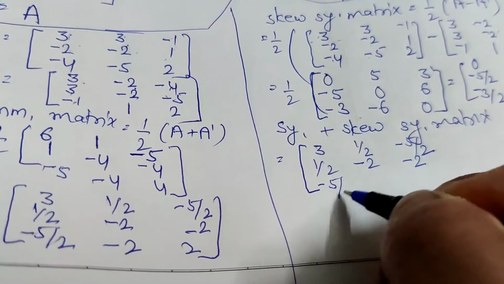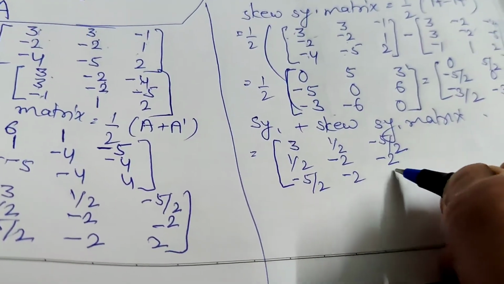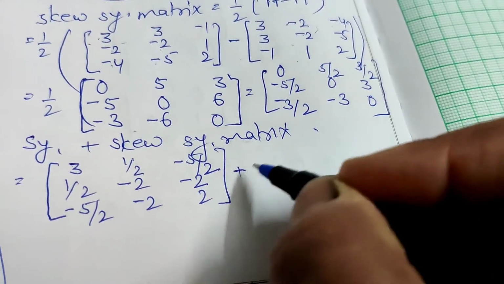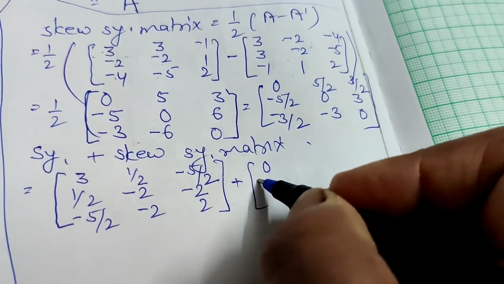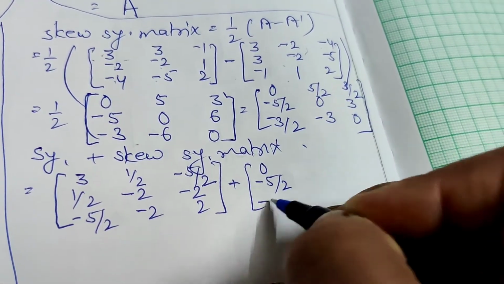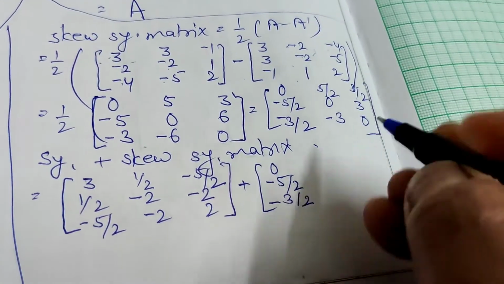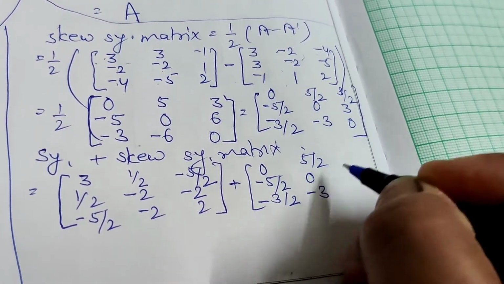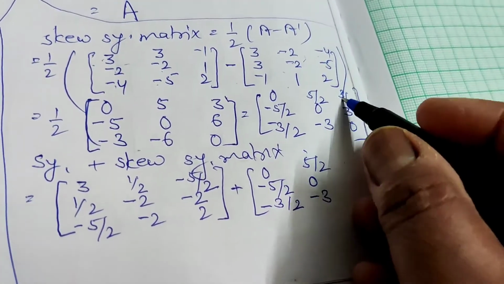Minus 5/2, minus 2 and 2. And add to this: 0, minus 5/2, minus 3/2. 5/2, 0, minus 3. This one is 3/2, 3, 0.